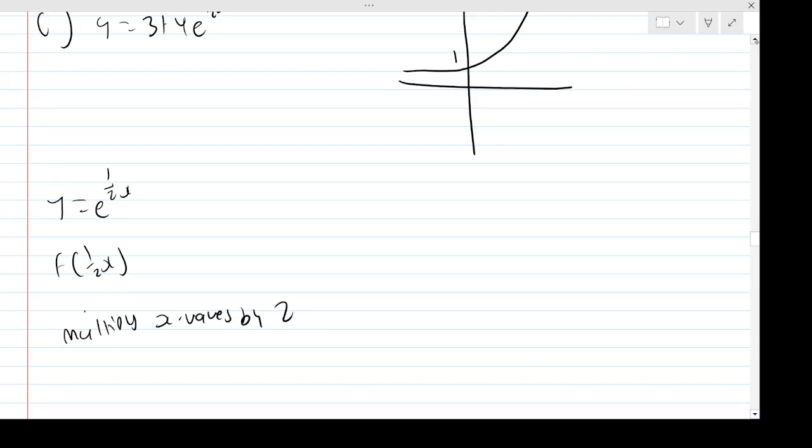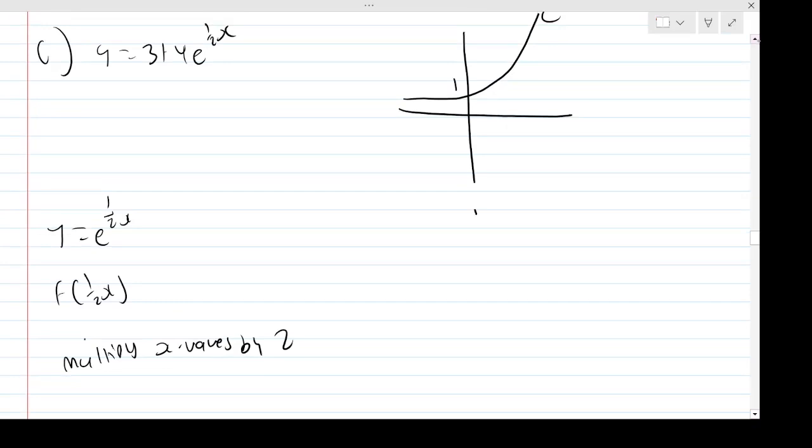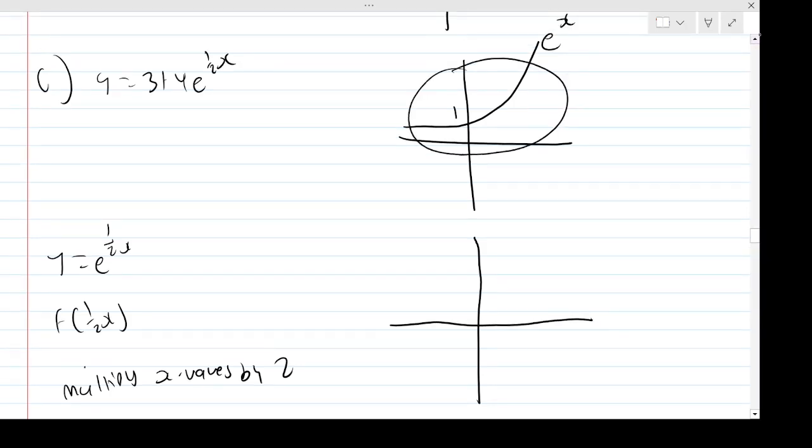Okay, effectively. So if I then do that, if I multiply the x values by 2, so again this is e to the x. So let's take this point here. Let's say that's 2. That's then going to move to 4. Okay, that's going to stretch out there. That'd be my point.